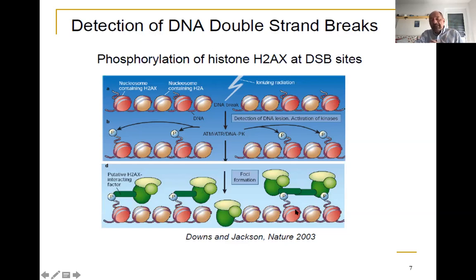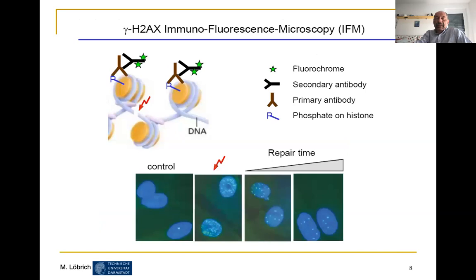And we can say, okay, but this string that you see here is extremely small. We have here only 4 phosphorylated H2AX histones. How can you see them at a microscope, or even in flow cytometry? This is what you see in the microscope. The point is that instead, this is extremely big.